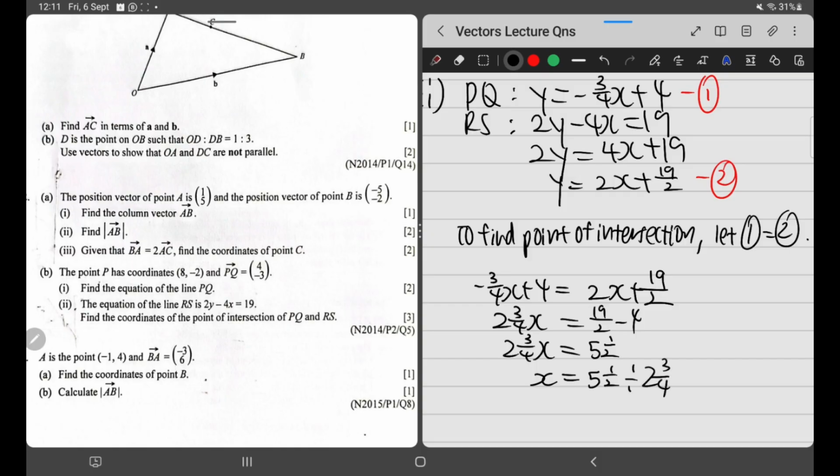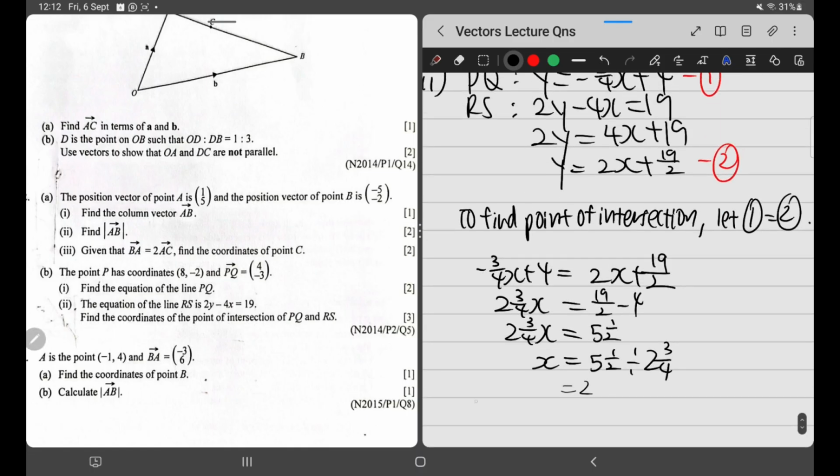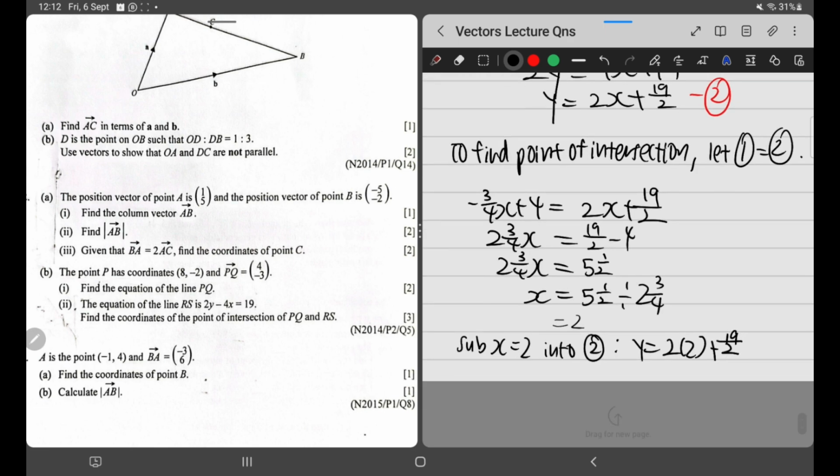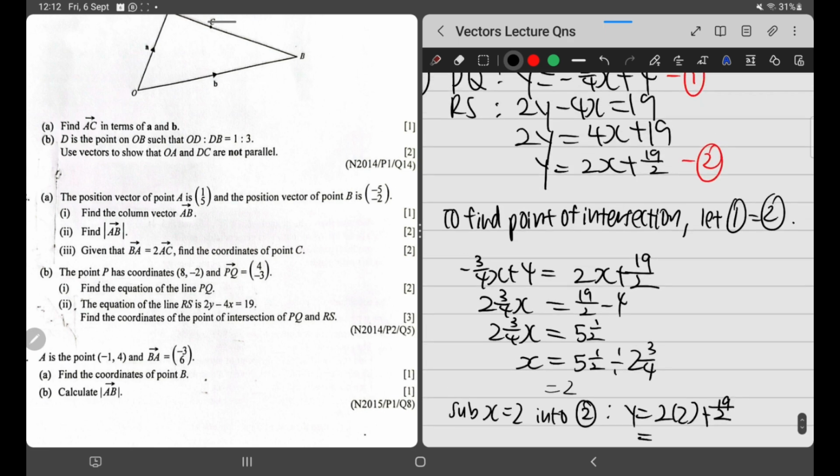And you should get, let me check, divide by 2 3/4, you should get x equals 2, right? And then you sub x equals 2 into either one of the original equations. So let's say we sub into y equals 2 bracket 2 plus 19 over 2. And you should get y equals 19 divided by 2.